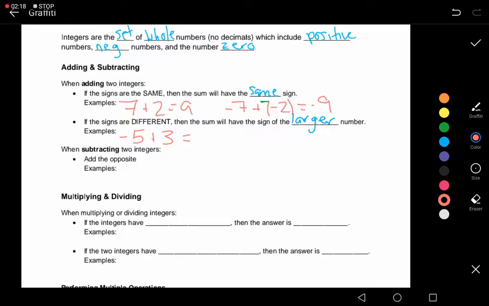Okay, that 5 is larger than 3, so I know my answer is going to be negative, and the answer is negative 2. On the other hand, if I have 9 plus negative 5, 9 is larger than 5, so my answer is going to be positive 3. Oh, positive 4.